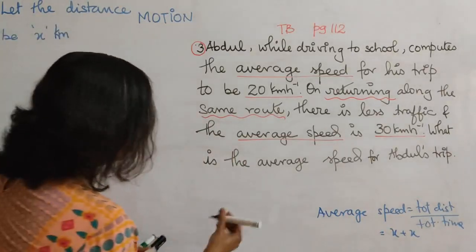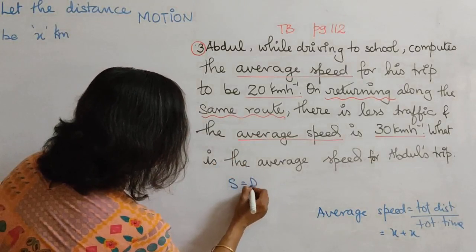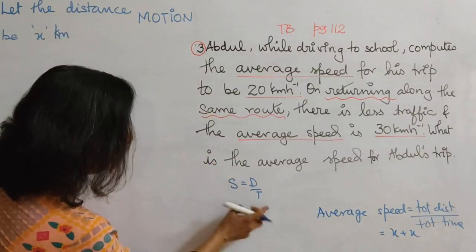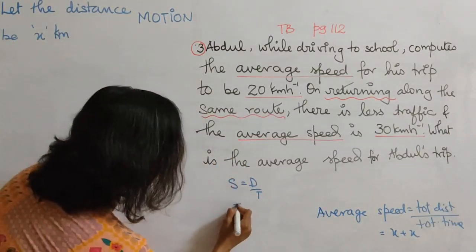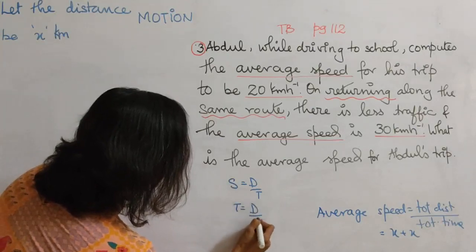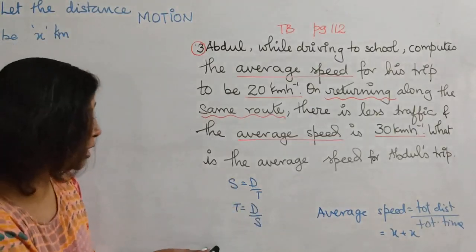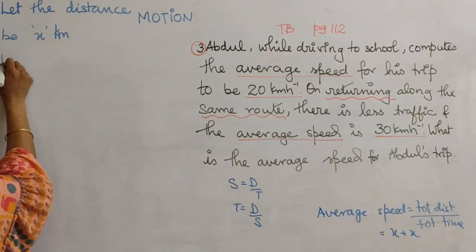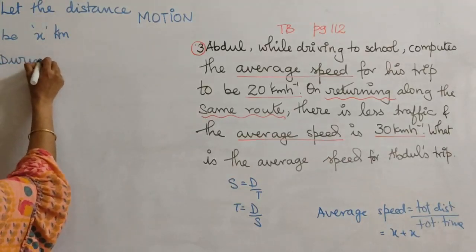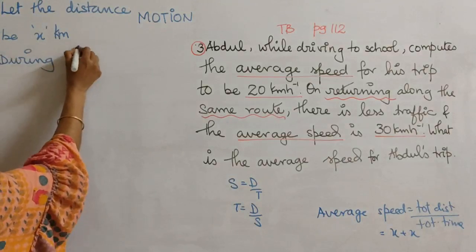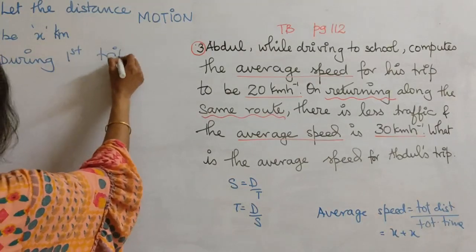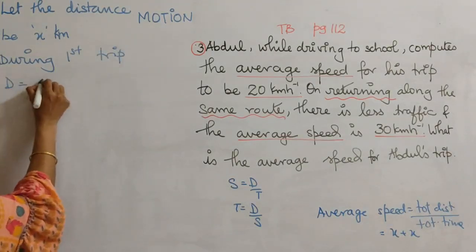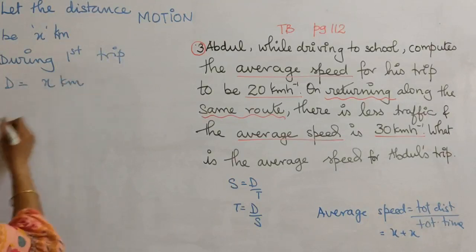Well, we all know speed is equal to distance upon time. So let's swap their places. So time will be distance upon speed. That is solving our problem. So during the first trip, distance is equal to x kilometers.